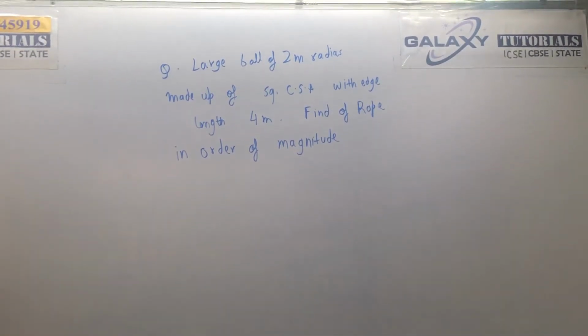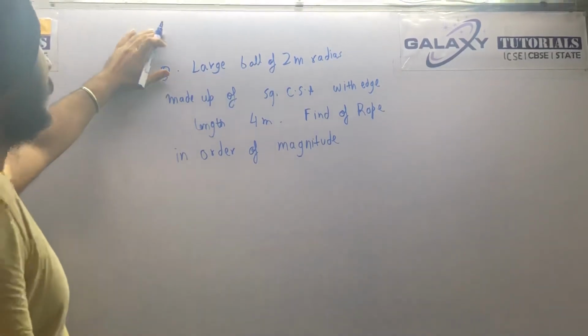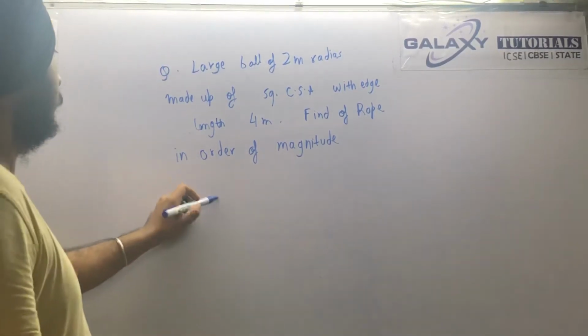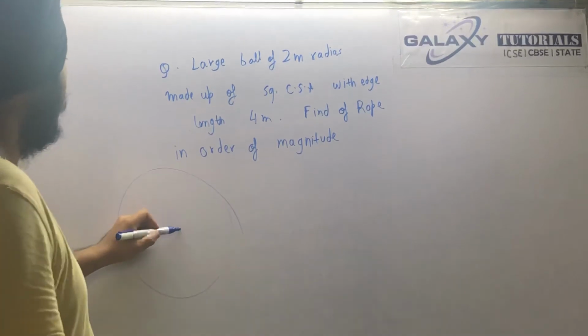So what we have to do is, basically, they have given you a large ball of 2-meter radius.